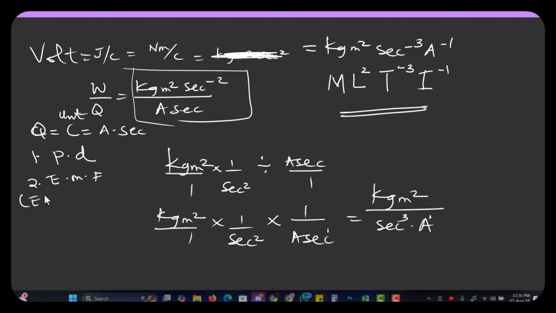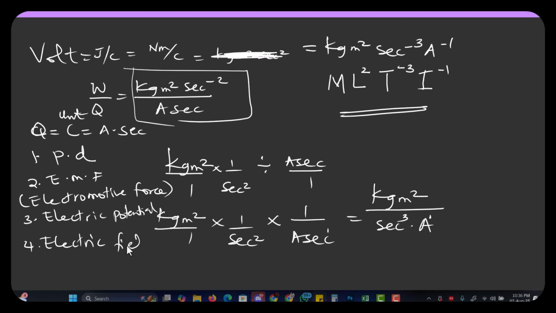Number three is the electric potential. Another one that falls under this category is electric field intensity. So these four fall under this category.